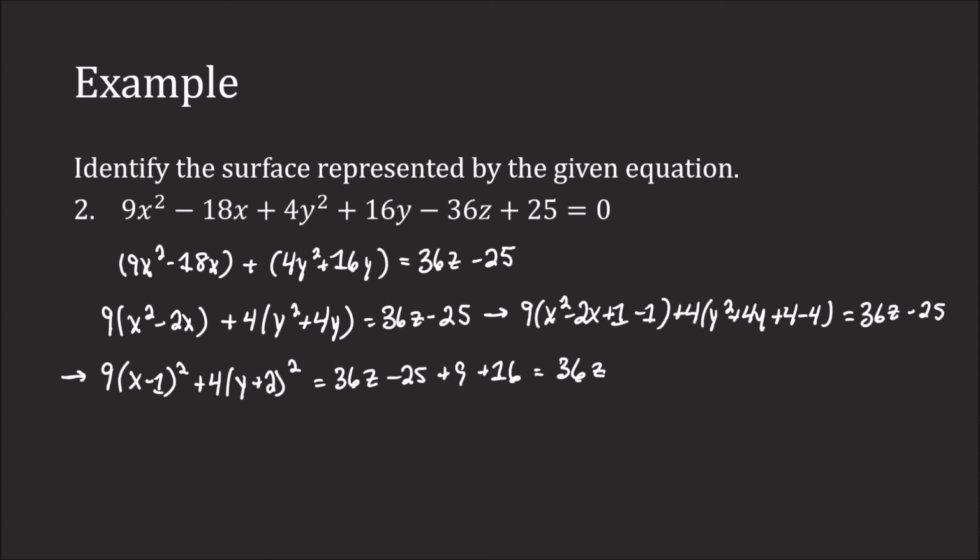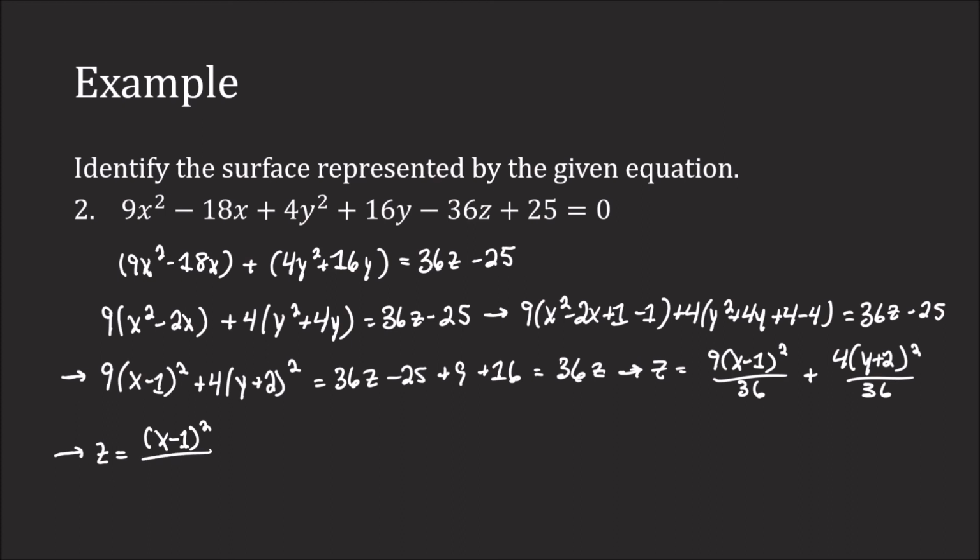If we now divide everything by 36, we get z is equal to 9 times x minus 1 squared over 36 plus 4 times y plus 2 squared over 36, which gives us the equation z is equal to x minus 1 squared over 4 plus y plus 2 squared over 9.